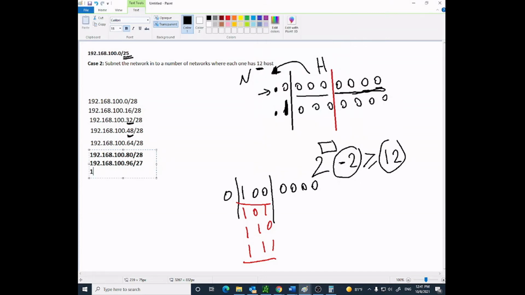And finally 192.168.100, and the last one is going to be 127, I believe. Oh, this is /28. This is going to be /28 as well.